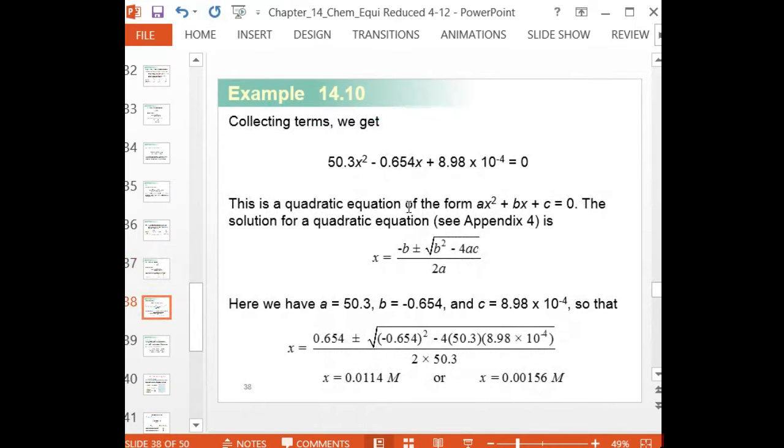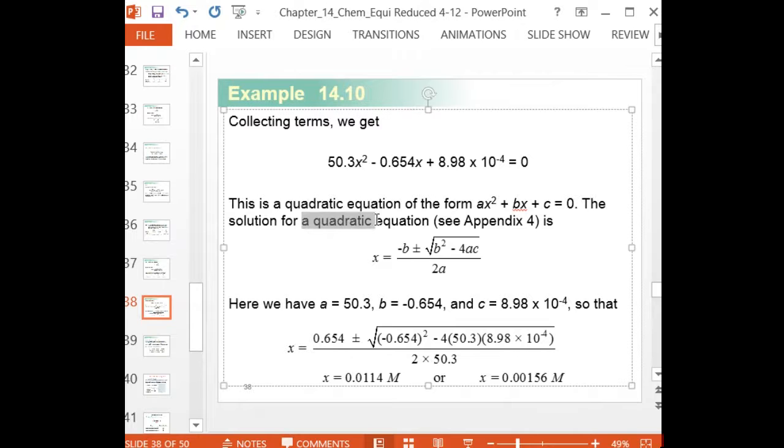And this x value you have to find by using the quadratic equation. This is the way to write the quadratic equation. You know the mathematics. We consider minus b, plus or minus the square root of b squared minus 4ac, divided by 2a, to calculate the x value. Here a is equal to 50.3, b is this concentration, and c is this concentration.